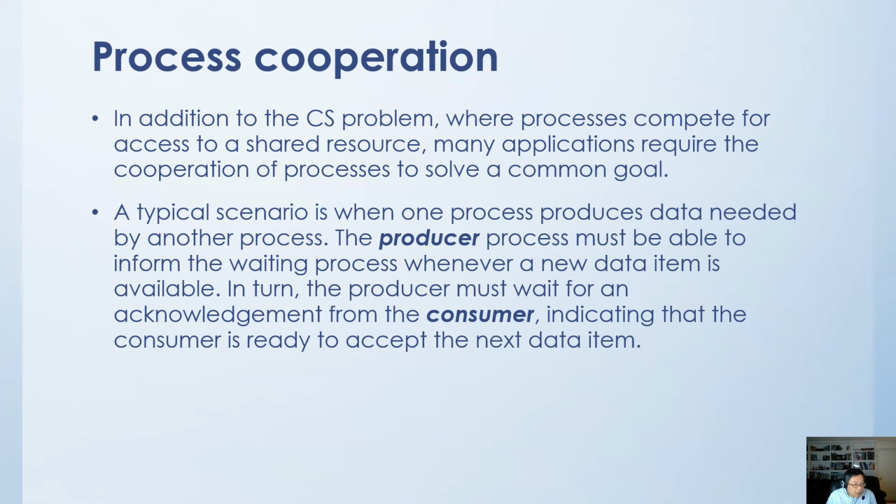Okay, but first we want to talk about process cooperation. We can use shared variables to create some kind of cooperation between processes. A typical scenario is when one process produces data needed by another process. In that case, we call this a producer and consumer problem.